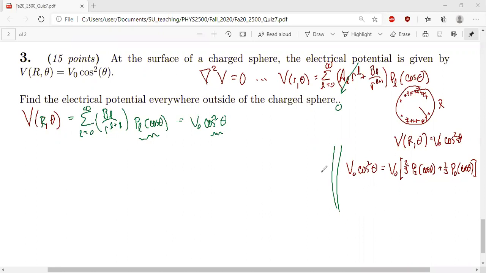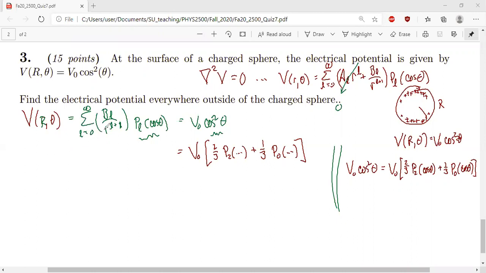Okay. So now I can just replace that here. So I have V naught 2/3 P2, dot dot dot, that's cosine theta, plus 1/3 P0, dot dot dot, that's cosine theta. And what this means is, of the sum of infinity terms, L goes from 0 to infinity, we only have the 0 term and we only have the 2 term.